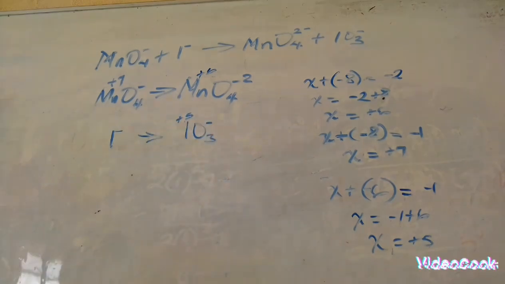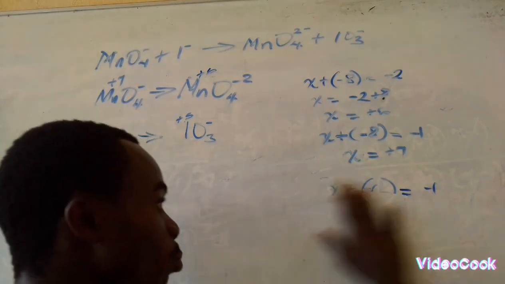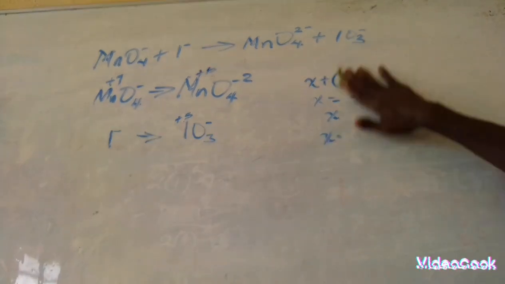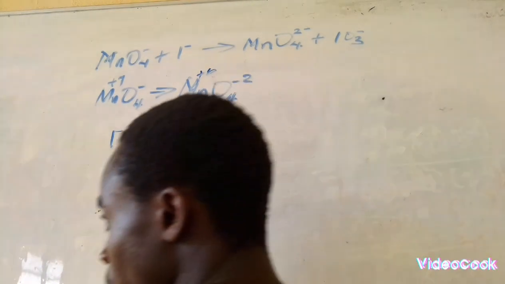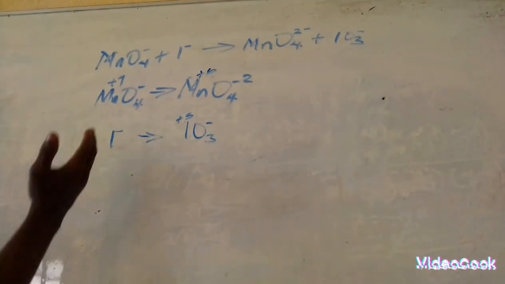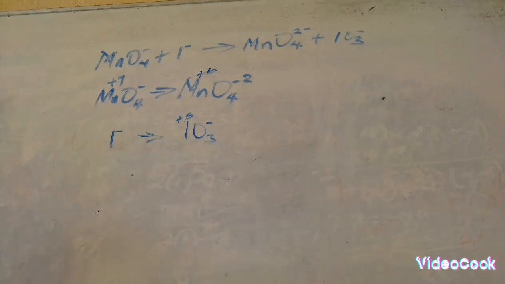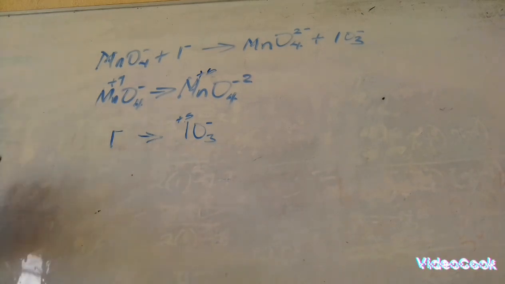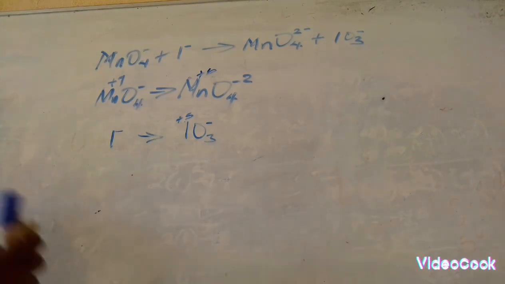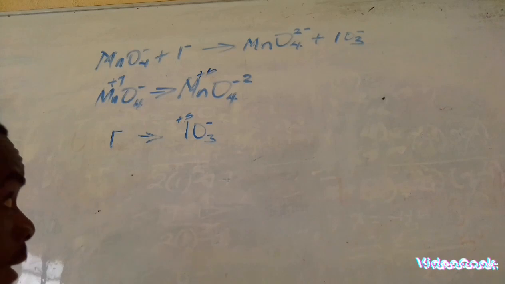All right. Now we've gotten the charges for each of these compounds. So now let's proceed as we balance this equation. Now, what do we do next? We have the charges here. In balancing the chemical equation, we say the one that has the higher charge is the one that has been oxidized, and the rule says the one that has been oxidized is the reducing agent.